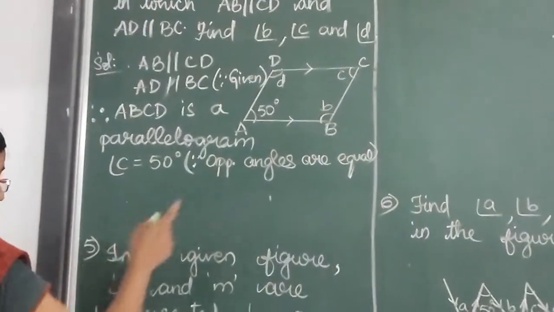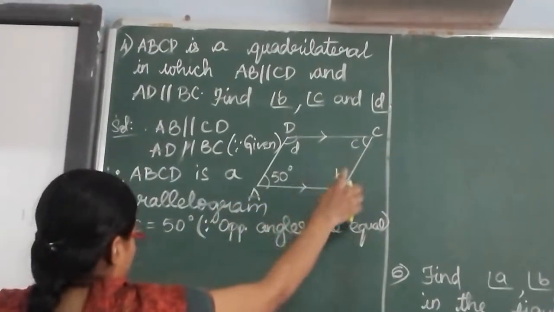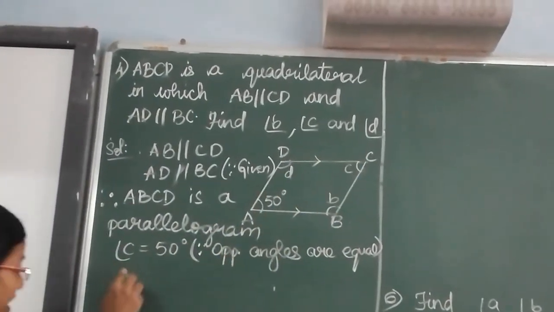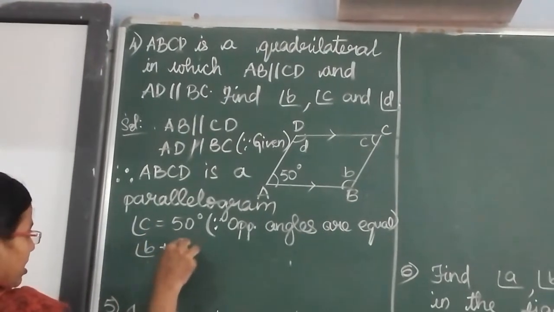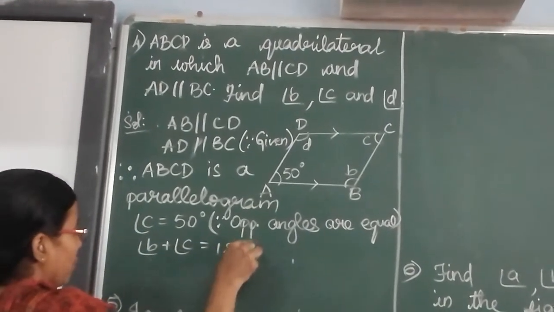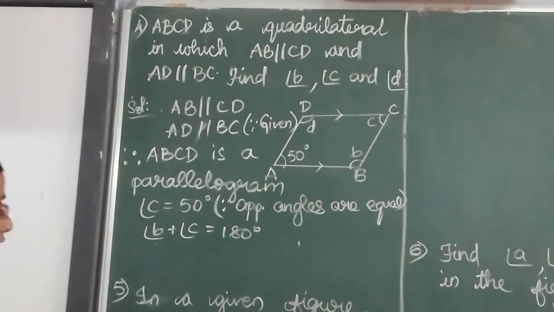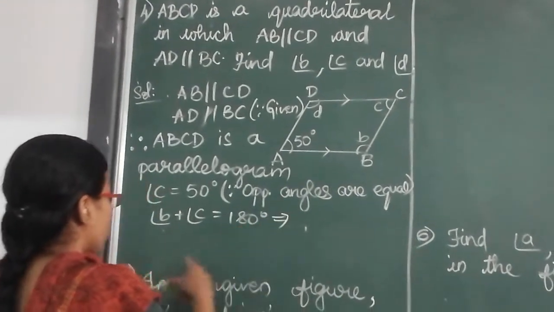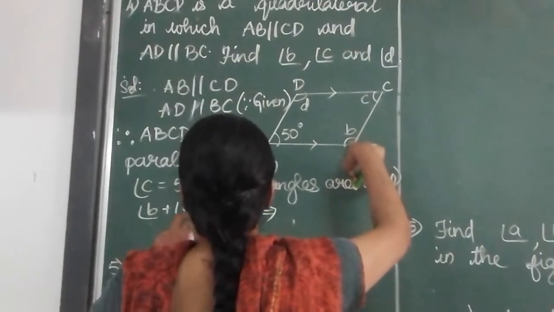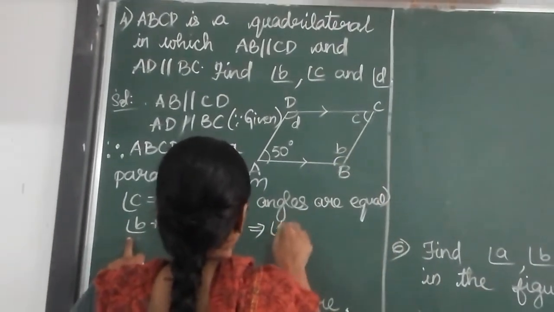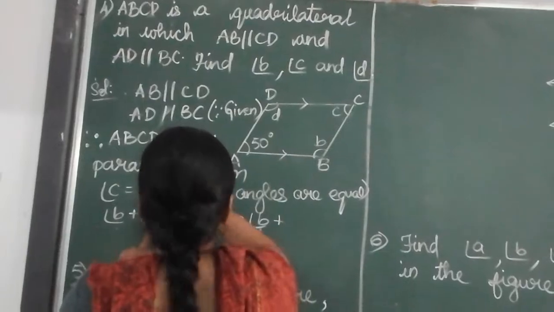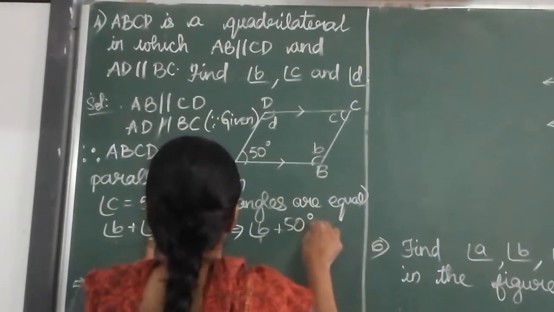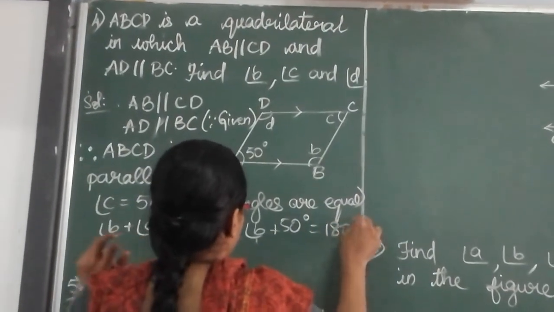So here, when we consider this side, angle B plus angle C is equal to 180 degrees. Consecutive angles, if we take, they are supplementary. So I am going to substitute: angle B we don't know, plus angle C we got as 50 degrees, equal to 180 degrees.